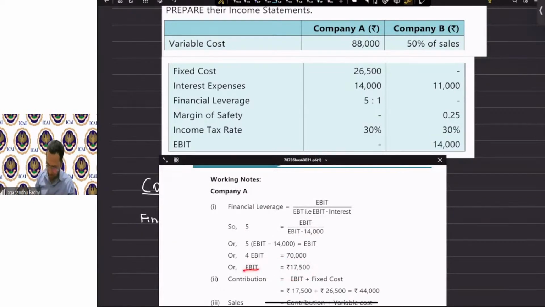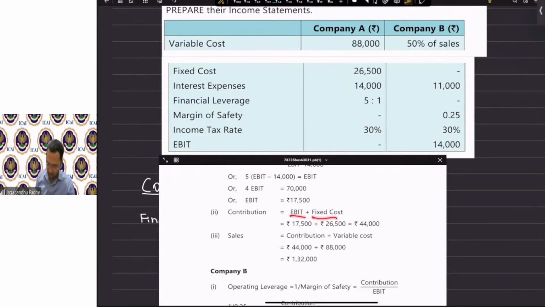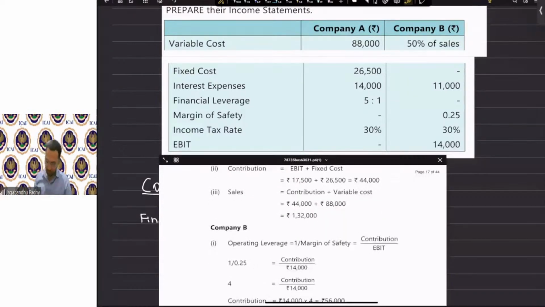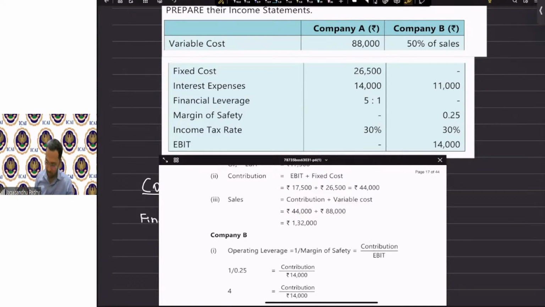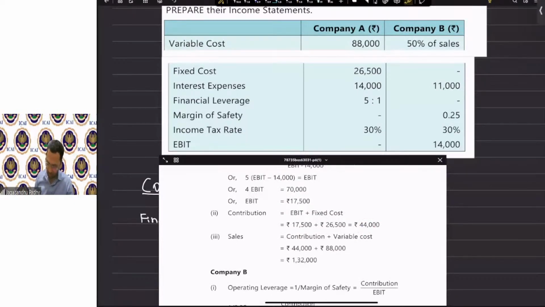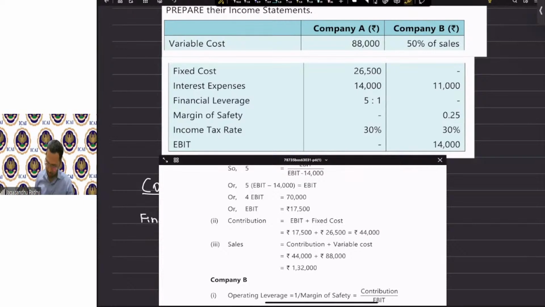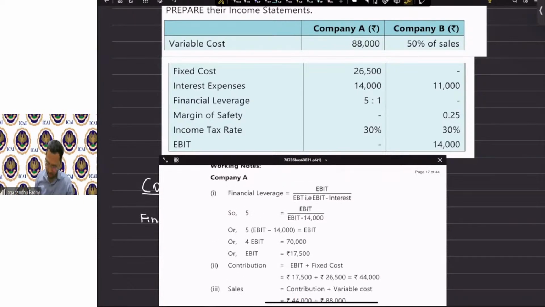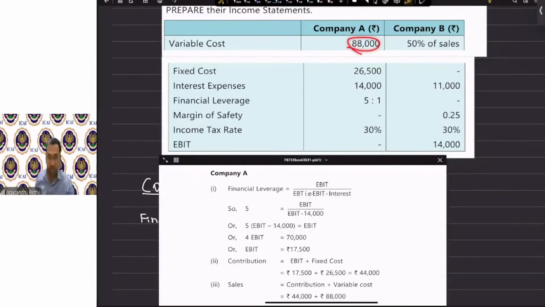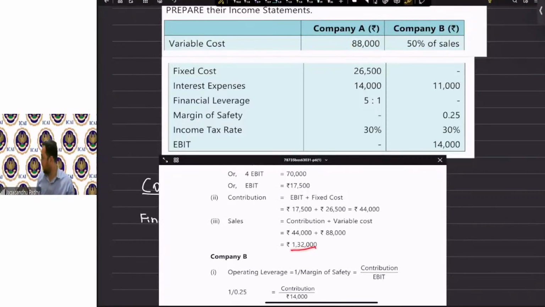Now, since we have EBIT, we can get the contribution also by adding fixed cost to EBIT. That will give us 17,500 plus 26,500, which is 44,000. Sales will be contribution plus variable cost, which is 44,000 plus the variable cost given in the question, 88,000. That is 1,32,000.